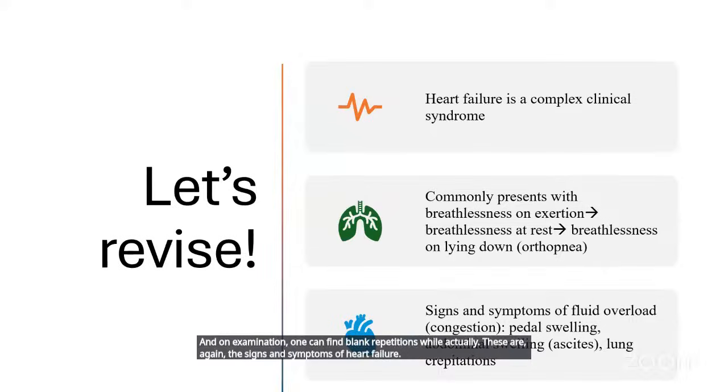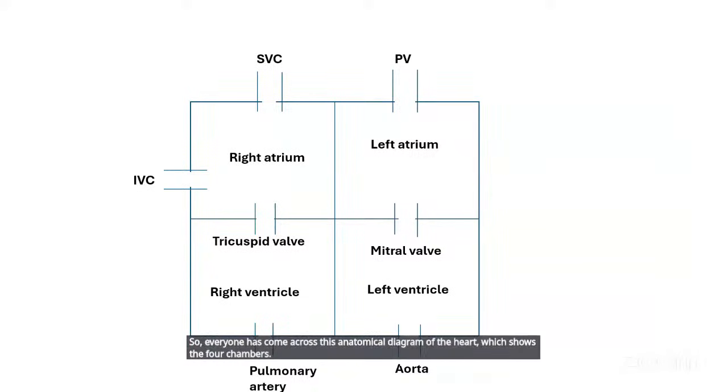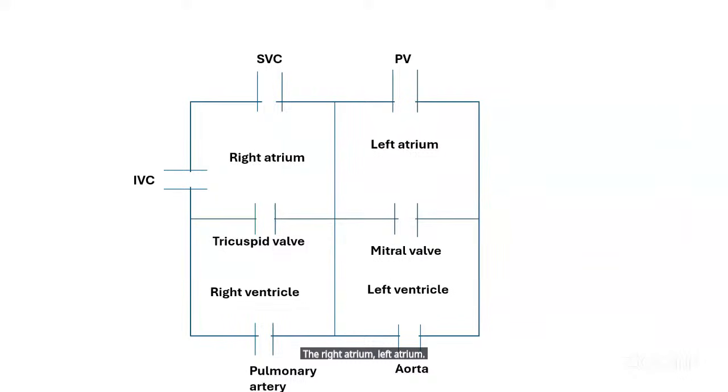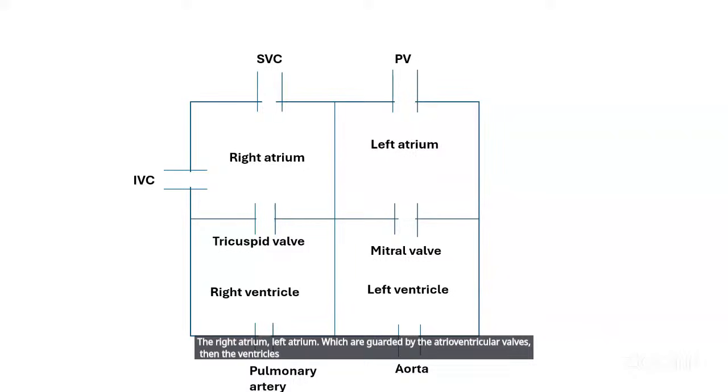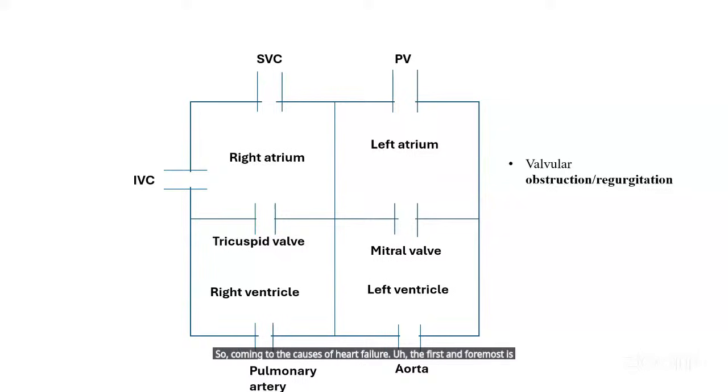So everyone has come across this anatomical diagram of the heart, which shows the four chambers, the right atrium and left atrium, which are guarded by the atrioventricular valves, then the ventricles, which open into the great arteries, and they are again bounded by the semilunar valves. So, coming to the causes of heart failure, the first and foremost is valvular obstruction or regurgitation at any level.